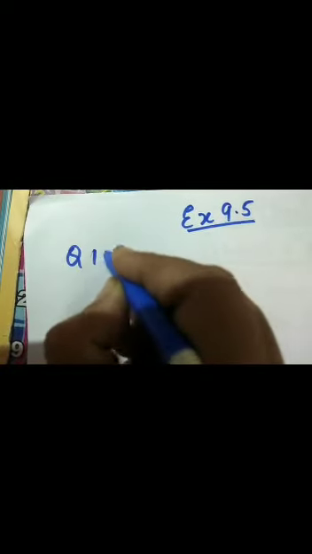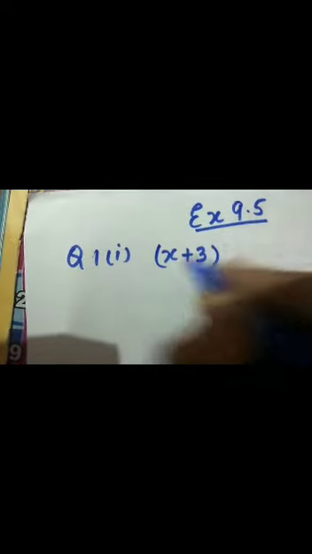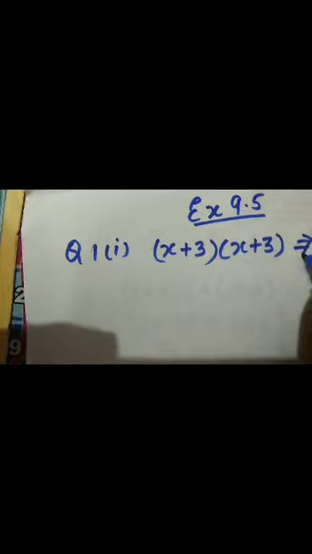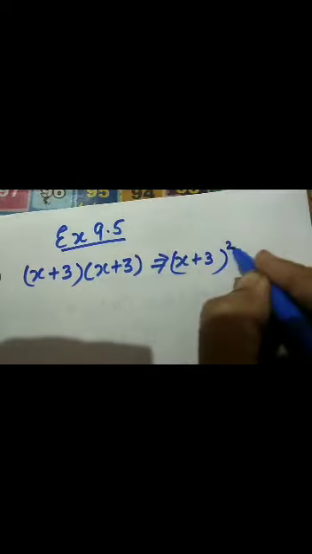From exercise 9.5 we'll take examples. Exercise 9.5, question number 1, its first part: (x plus 3) into (x plus 3). The meaning of this is (x plus 3) whole square.